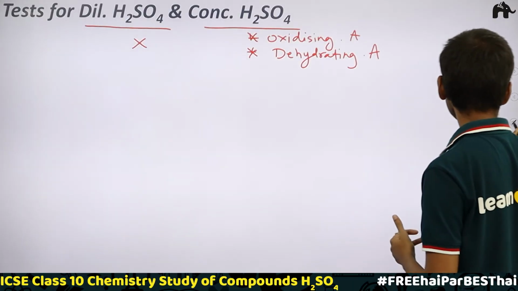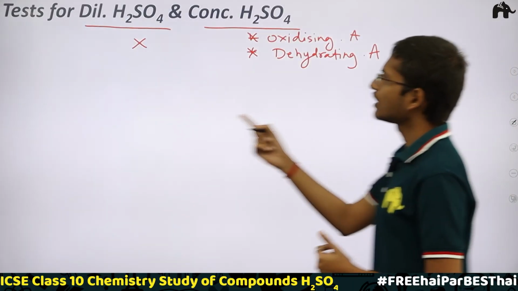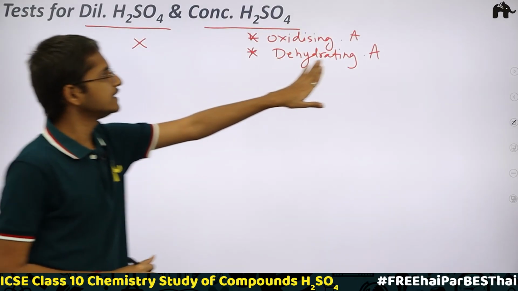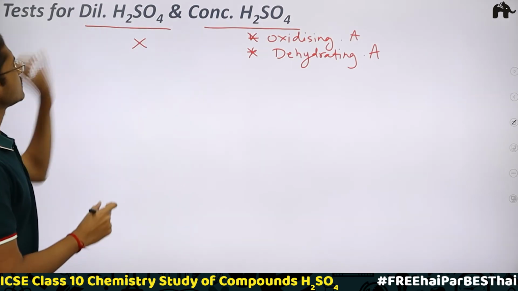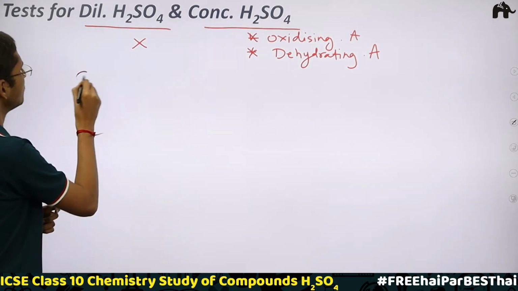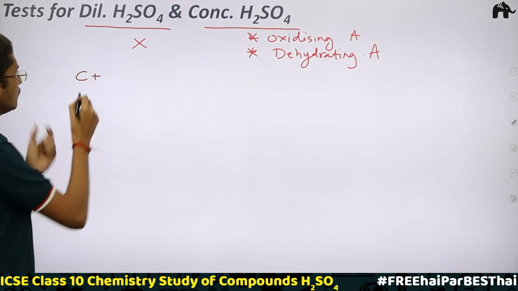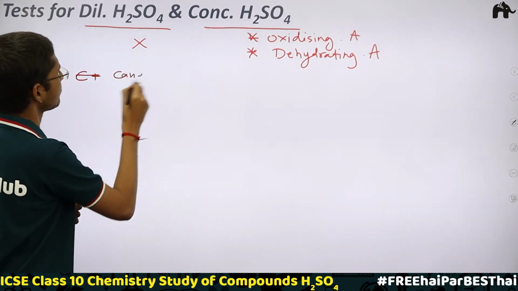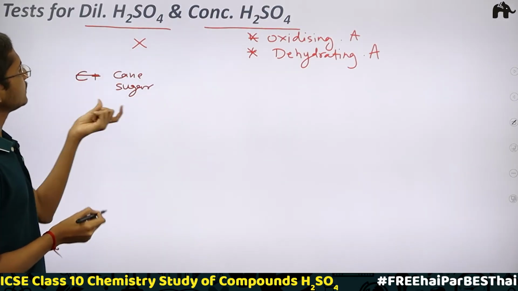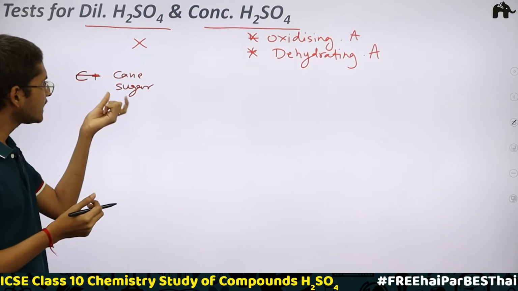So, the first one is the dehydrating agent property. Since dilute sulfuric acid is not acting as a dehydrating agent, when we make it react with cane sugar, it won't dehydrate cane sugar.